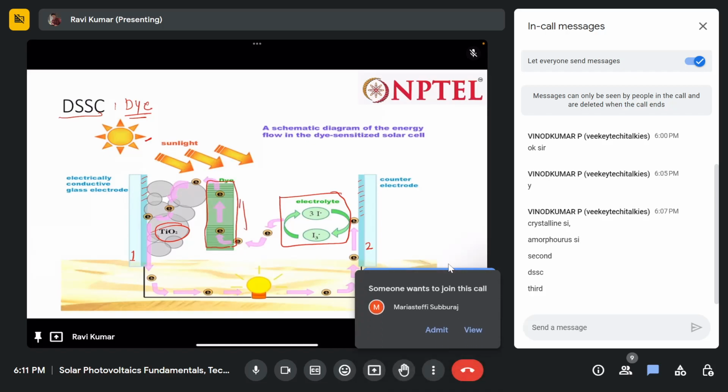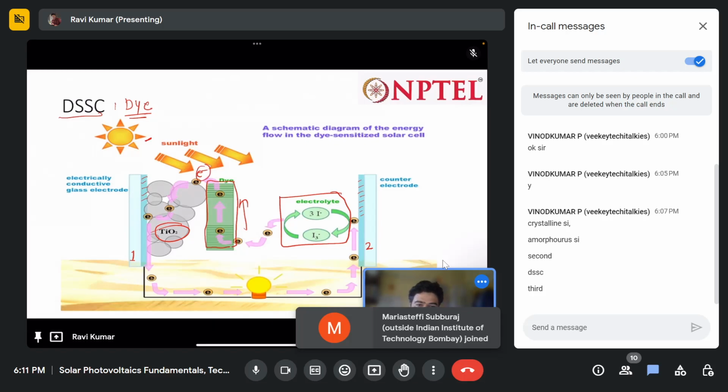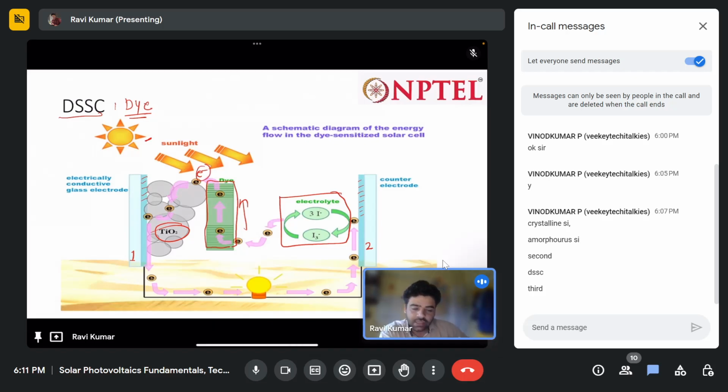Due to this excitation of dye, there will be electron generation, and this electron generated by the dye will be captured by the titanium dioxide. Through the titanium dioxide it will go to the outer electrode, and from there it will go to the load. So this is all about the electron.